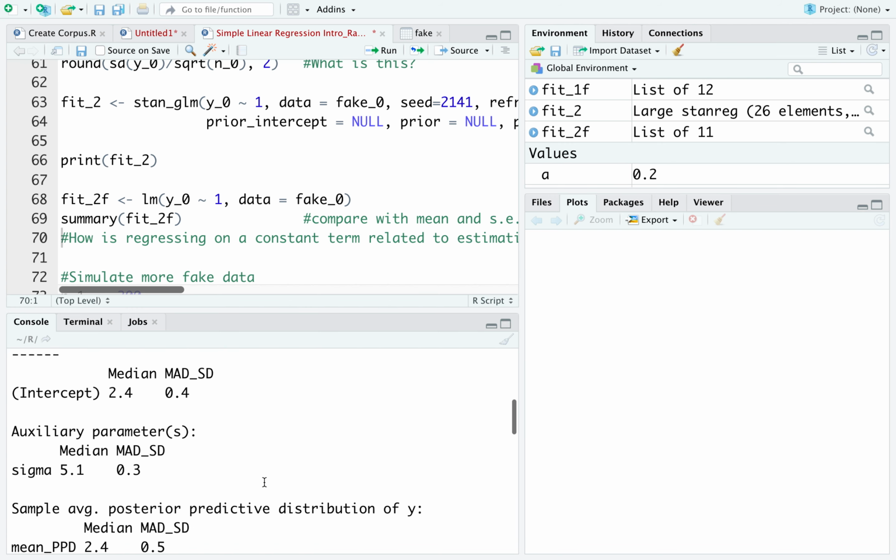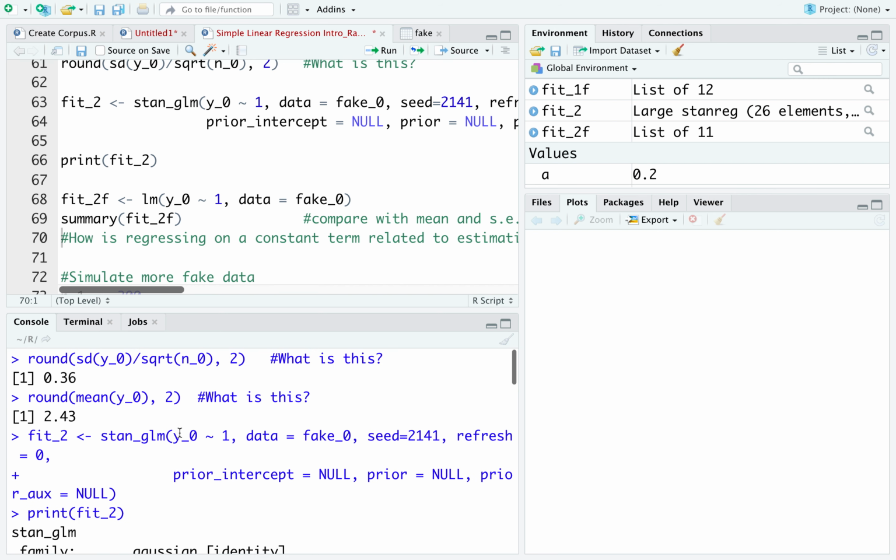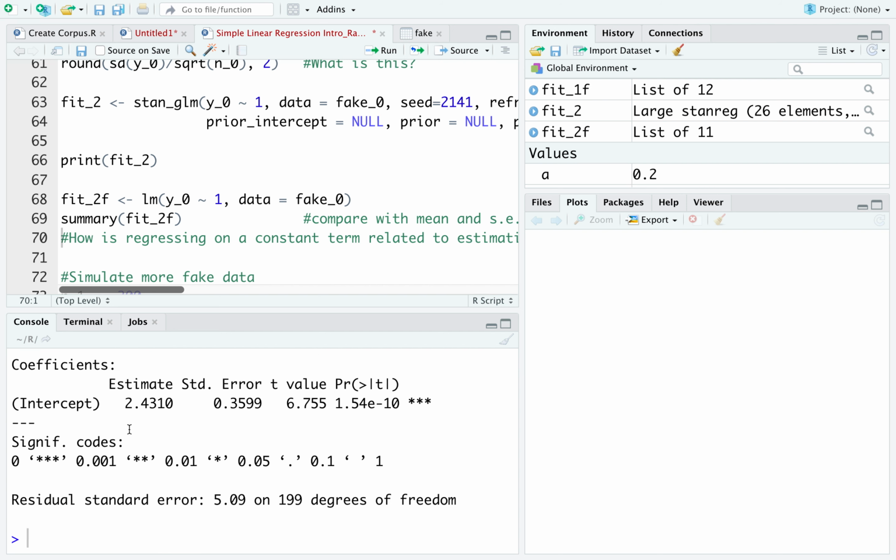It looks exactly like what we got out from the mean of our observations of y and the standard error, right? So what does this mean, right? If you regress y onto a constant like 1 specifically, it is the same thing as estimating the mean of y, right?